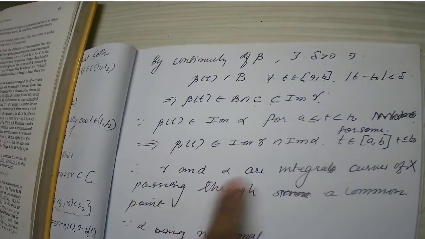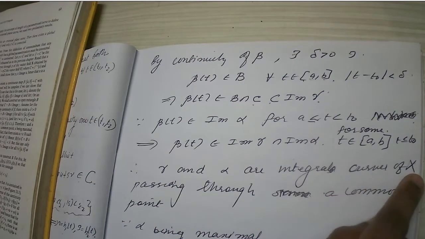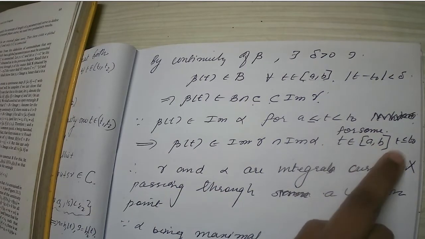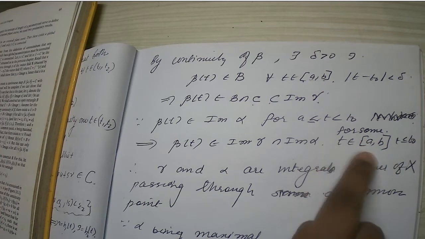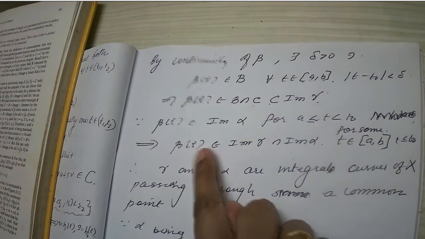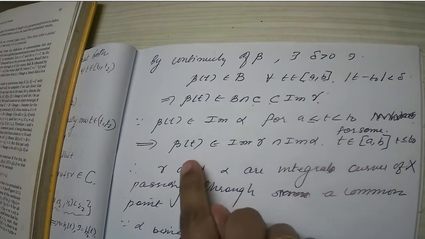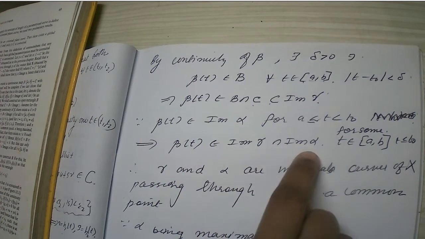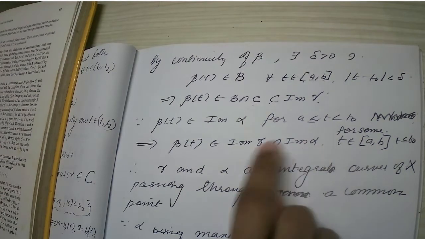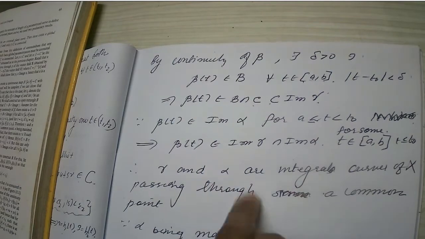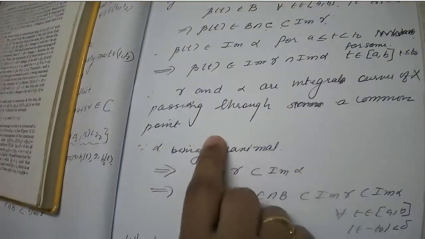Therefore, gamma and alpha are integral curves of X passing through a common point, right, because corresponding to t naught it will come in both the images. So, for alpha and also for gamma, beta of t is in that image set. That means both the integral curves are passing through beta of t naught, correct, that is the common point.